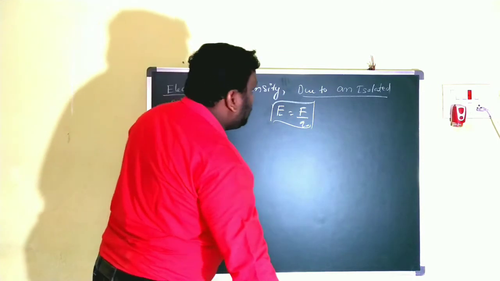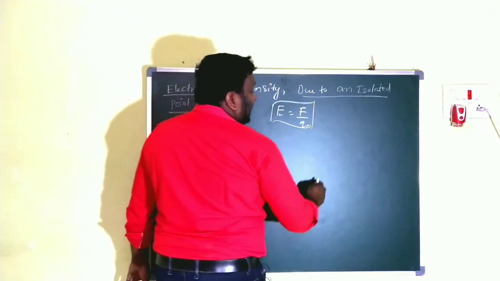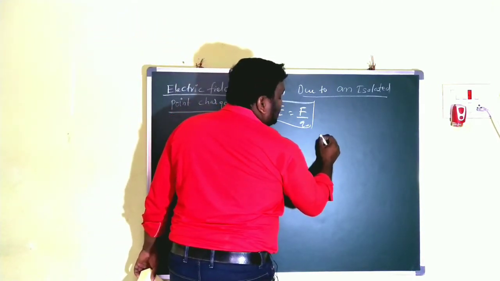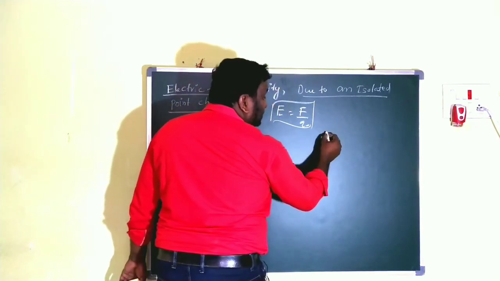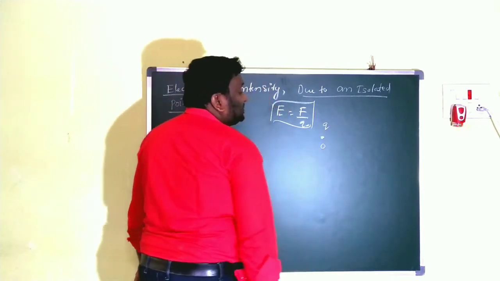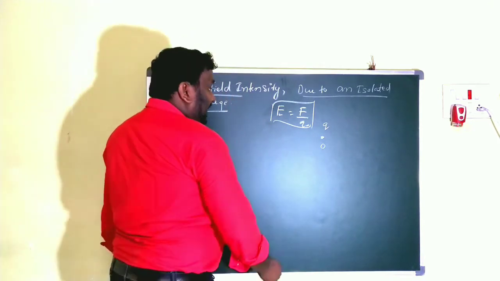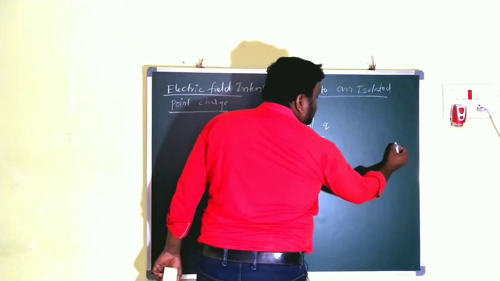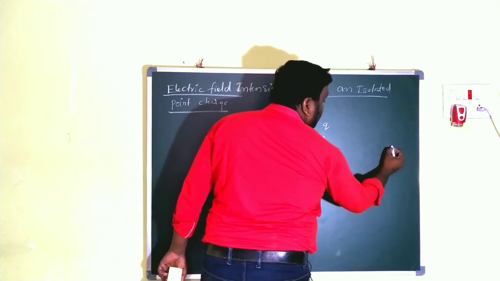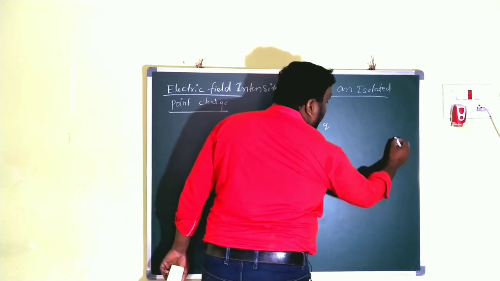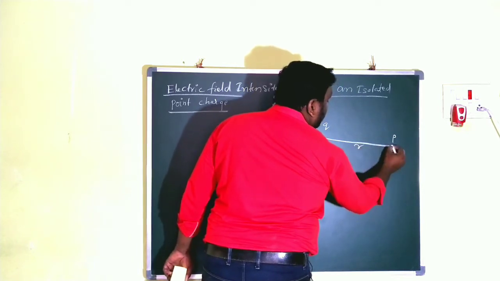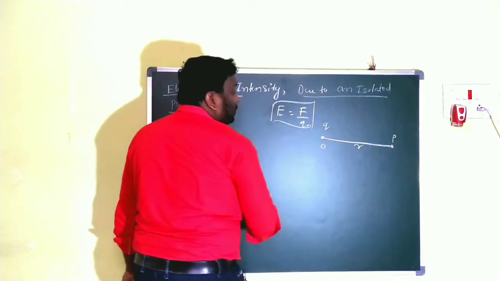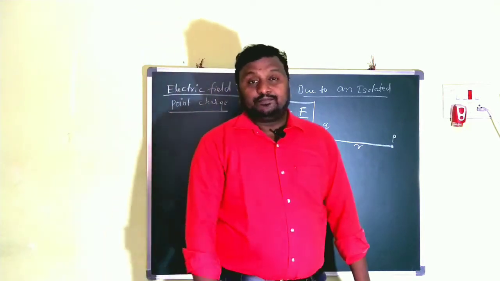And here, electric field intensity due to an isolated point charge. For that we have to write the explanation like this. Here this is one point O. At that point we have some charge Q. And in the electric field of this Q, we have selected one point at a distance of R from the Q. Clear, children?